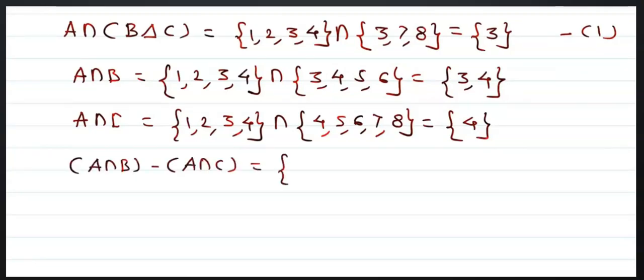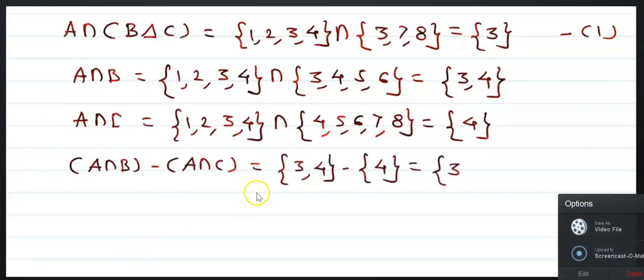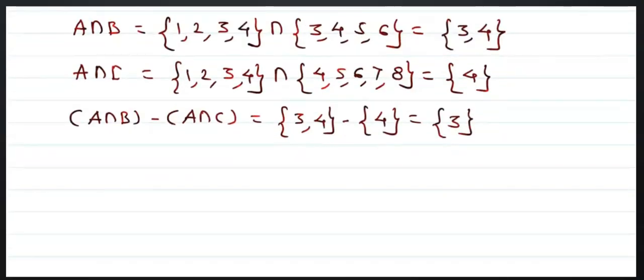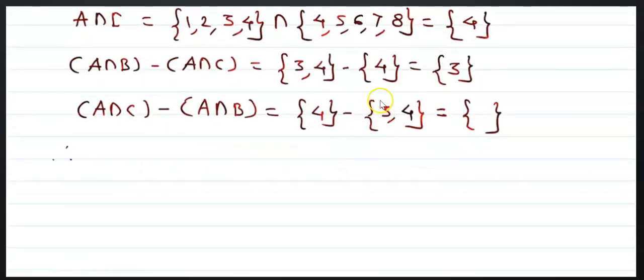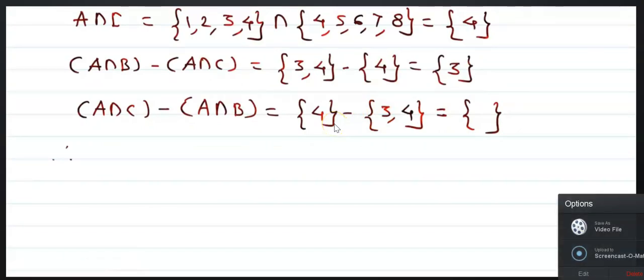A intersection B minus A intersection C: in this case {3, 4} minus {4}, and only 3 is there. Then A intersection C minus A intersection B is equal to {4} minus {3, 4}, therefore the empty set is there.